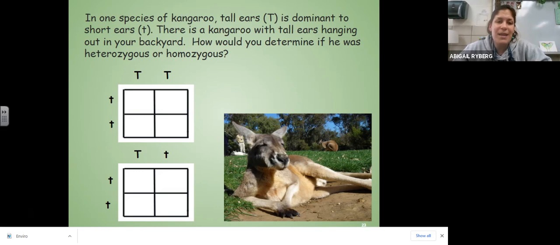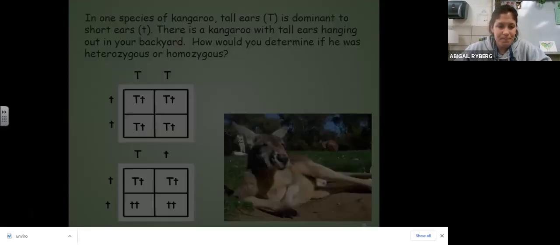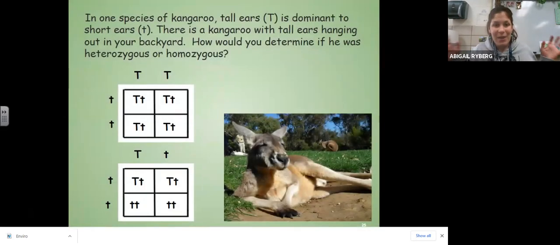One possibility is that this tall-eared fella is big T, big T, but again, he could also be big T, little t, and that's what we're hoping to find out. So let's say they have babies, and we see their offspring. If all their babies have tall ears, there's a really good chance that he must be homozygous, right?